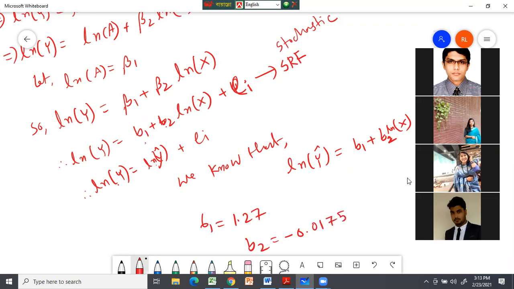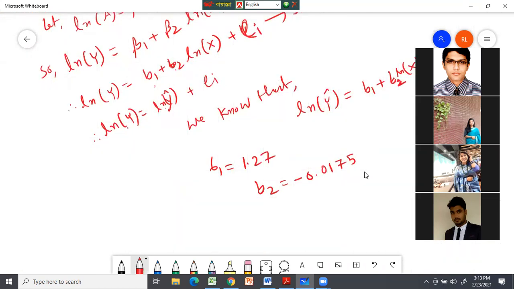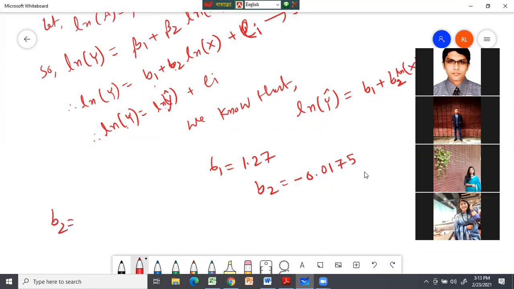Okay, then how are you going to explain them? For the explanation, I'd like to show you that when you explain your estimated values of the parameters from a log linear regression model, they are actually showing the elasticity. What is B2 showing here? B2 is showing the elasticity.